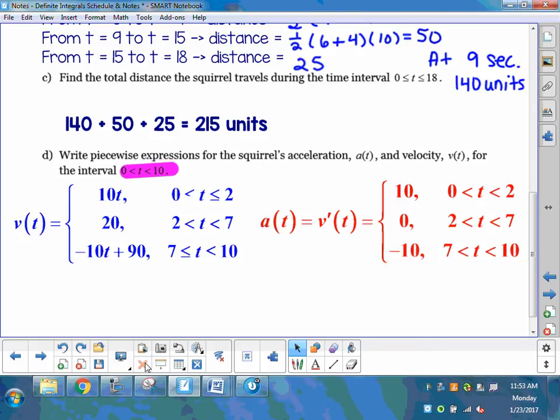Why am I not including the endpoints or the transition values? What do you have there? Corners. The slope is different there, yeah. And that shows me you get what's going on. Questions on that?